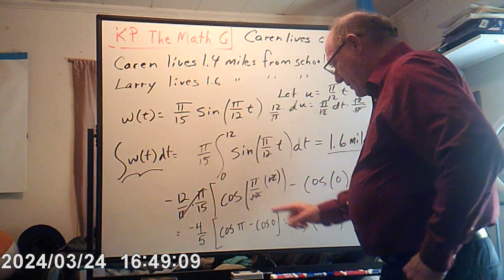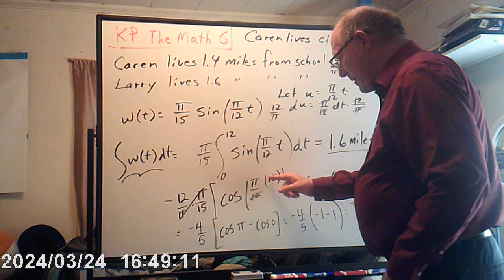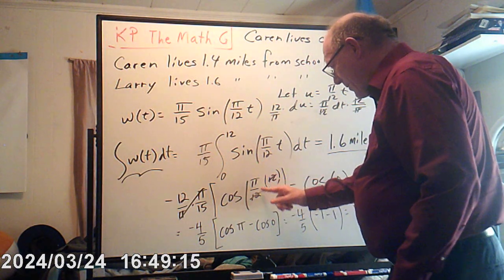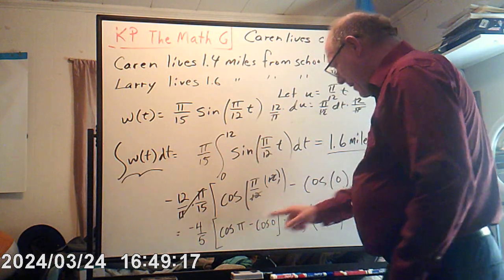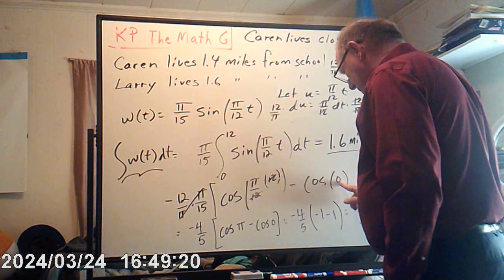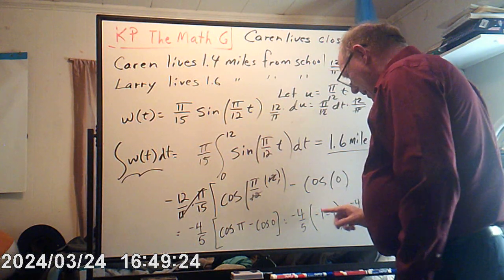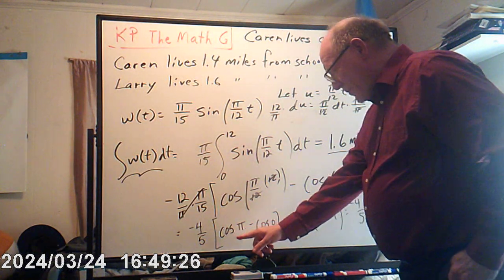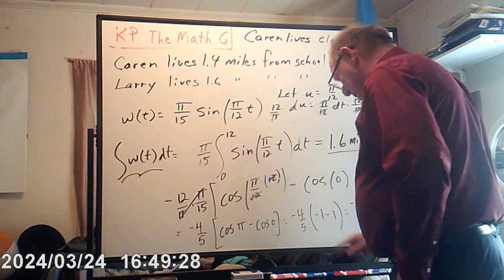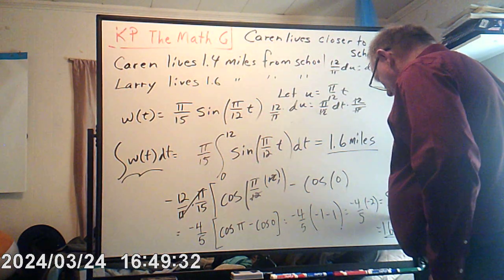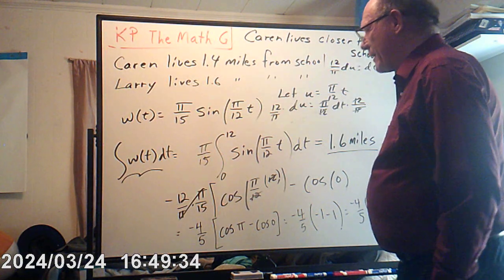And then cosine of pi, when we put the 12 minutes in, the 12's cancel out, and we're down to pi. And then here it was 0, so from 0 to 12. Cosine of 0 is 1, cosine of pi is negative 1. So negative 4/5 times negative 2 is 8 over 5, which is 1.6.